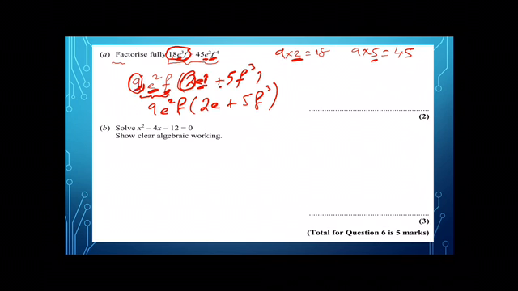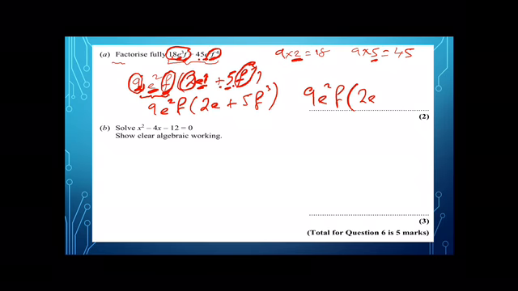Plus 9 times 5 is 45, correct. E squared, well, it's e squared, so we just don't need to put anything there. And then f times f cubed gives us the f to the 4. So our answer there is 9e squared f, 2e plus 5f cubed.